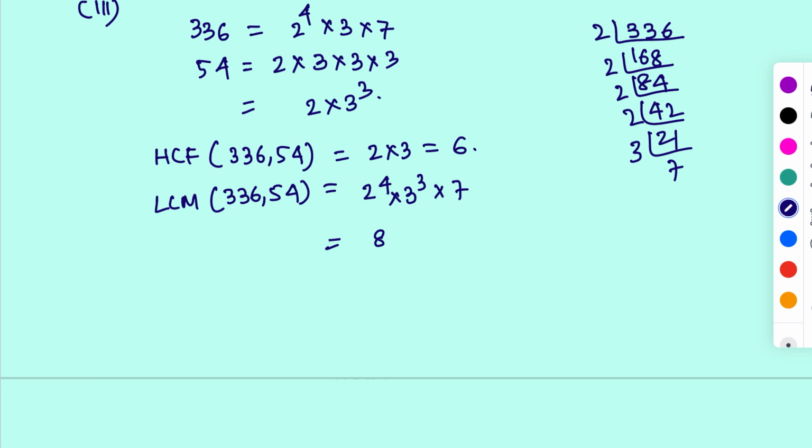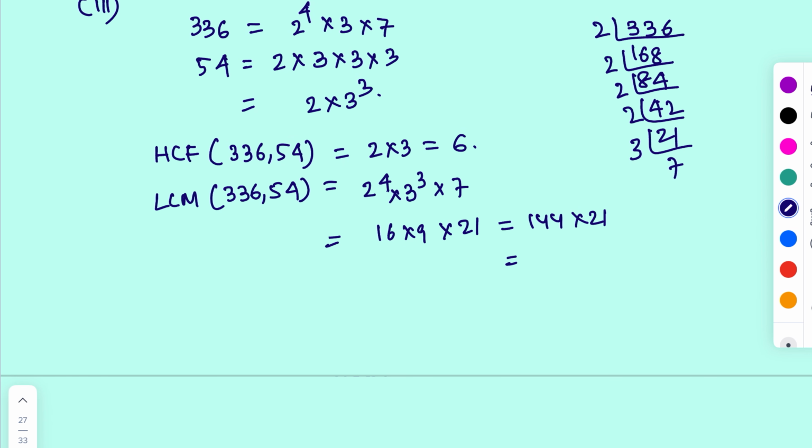So it will be equal to 16 into 9 into 7, 21. Like this, that is 144 into 21, and this will come to be 3024.